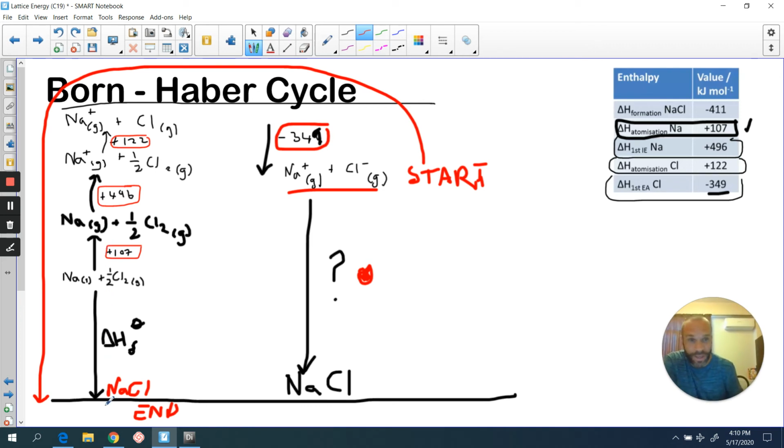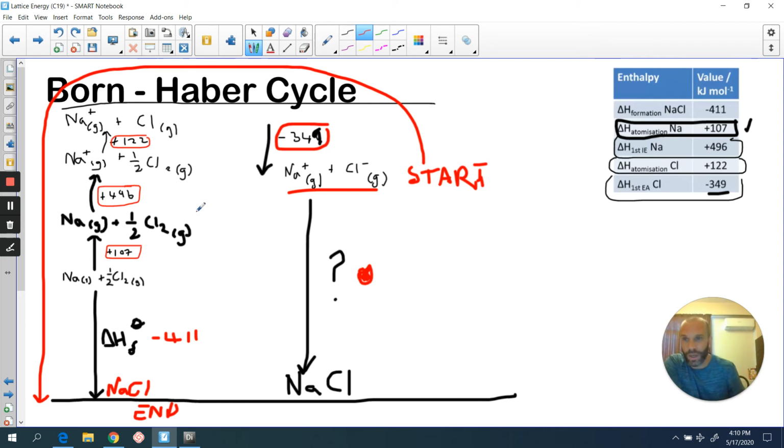We're going with this arrow, which is this value here, minus 411, and that's why the sign will not be reversed there. I've been teaching you how to do the previous calculations using this exact same technique. Everything that would be on the left-hand side of the lattice energy equation, we're reversing that sign. Anything that was on the right-hand side, we're keeping the same.